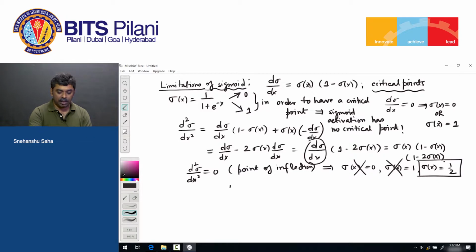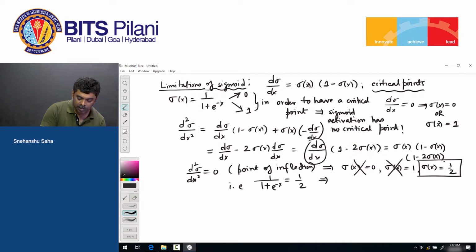So what does it mean? It turns out it's pretty easy to solve: e to the power minus x equals 1, and the only way that happens is when x is 0.